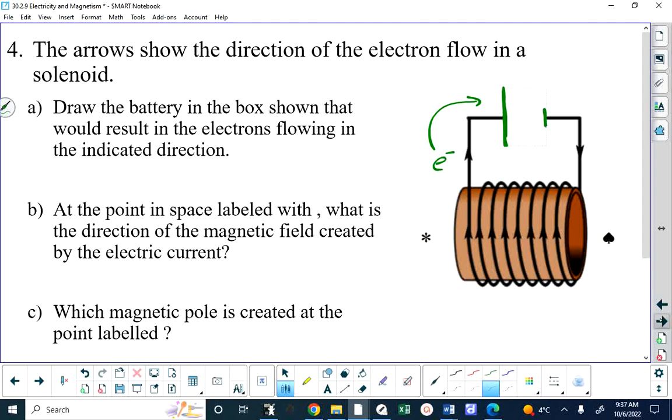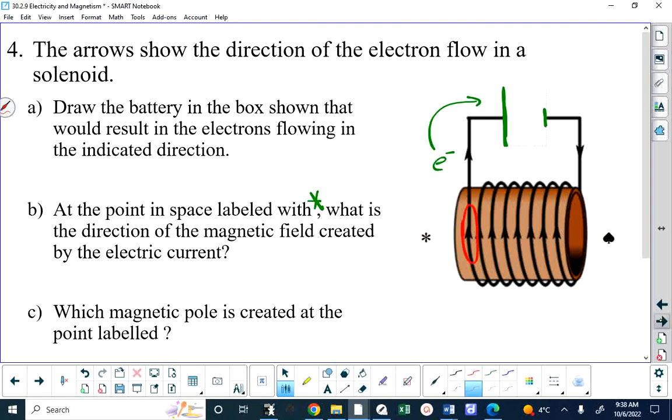At the point in space labeled with the asterisk, what is the direction of the magnetic field? Well, we're going to focus on this wire.